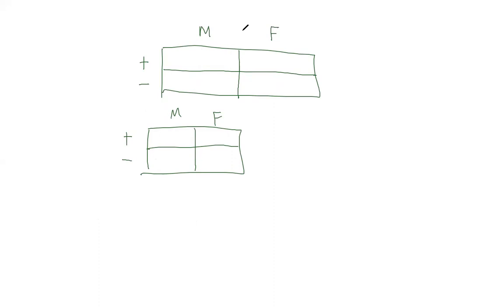Without splitting, they're all mixed up here. Let's say you have 20 here, 20, maybe 10, maybe 0 here.